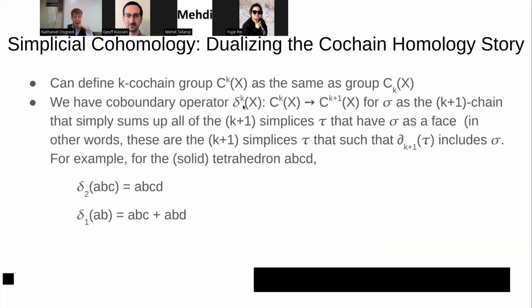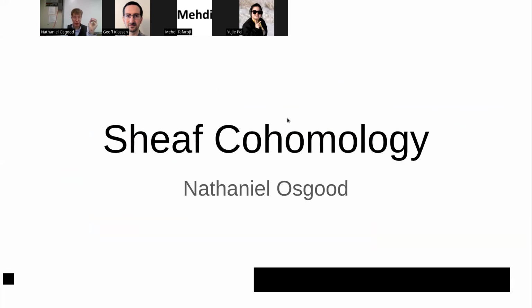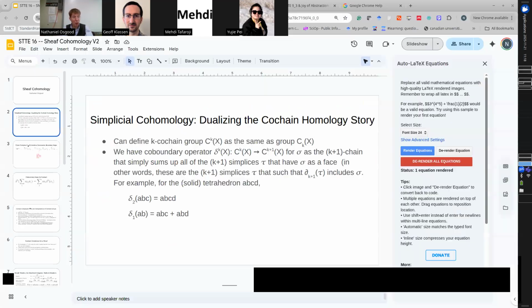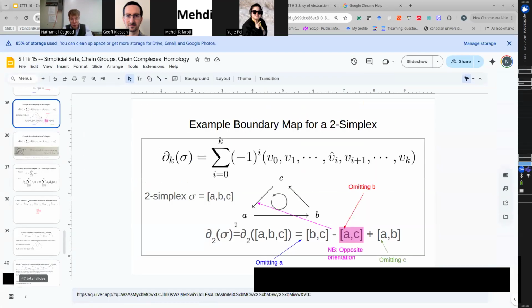And if we apply this coboundary operator to a k simplex, sigma, we'll get a k plus 1 chain. What k plus 1 chain? Well, it's a sum of all of those k plus 1 simplices tau that have sigma as a face. So sigma is a face. Maybe sigma is one of these.